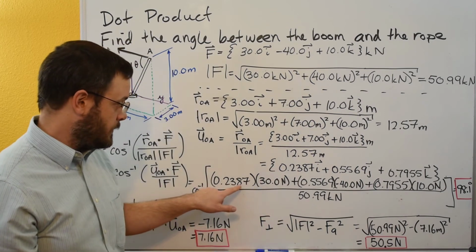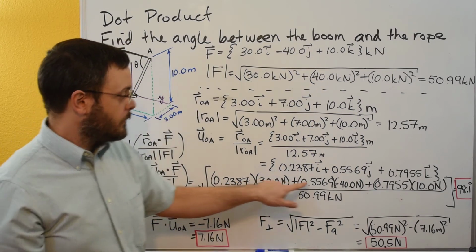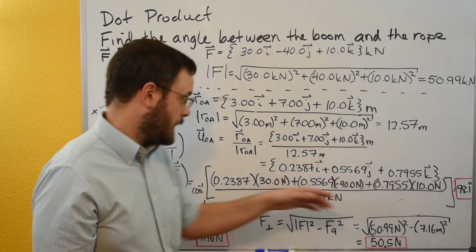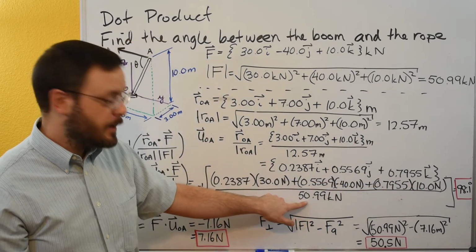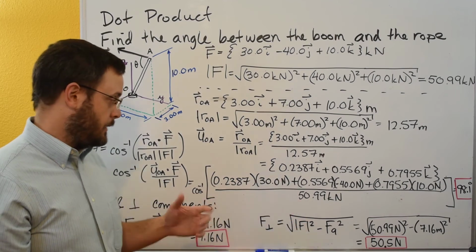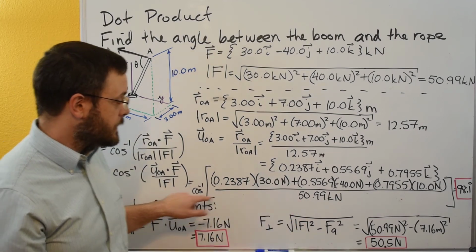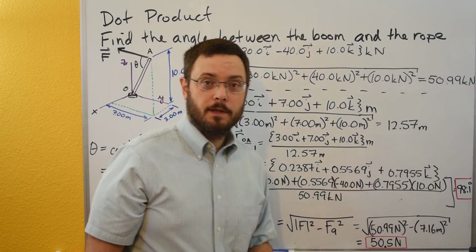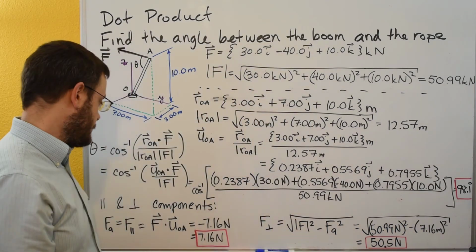So it's going to again be x times x plus y times y plus z times z. Add that all up, divide it by the 50.99, get a number, do the inverse cosine of that, and that gives you 98.1 degrees as the angle between those two vectors.